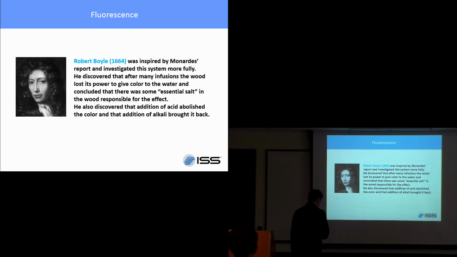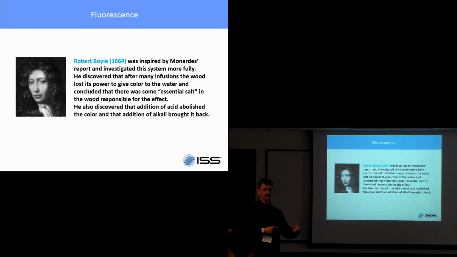After about 100 years, Robert Boyle, of the Boyle law of pressure and volume in gases, was intrigued by the phenomenon and tried to have a better understanding of what's happening. And he discovered two things: that if the solution was washed several times, the piece of wood lost little by little its property.